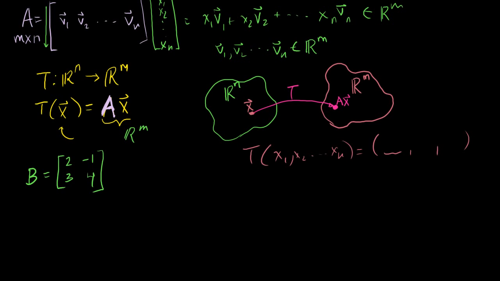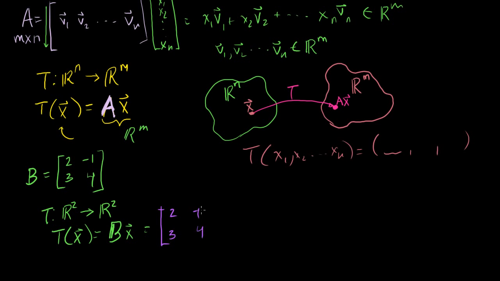And I define some transformation T that goes from R2 to R2, and I define T of some vector x to be equal to this matrix B times that vector x. Now what would that equal? Well, the matrix is right there: 2, -1, 3, and 4, times x1, x2.